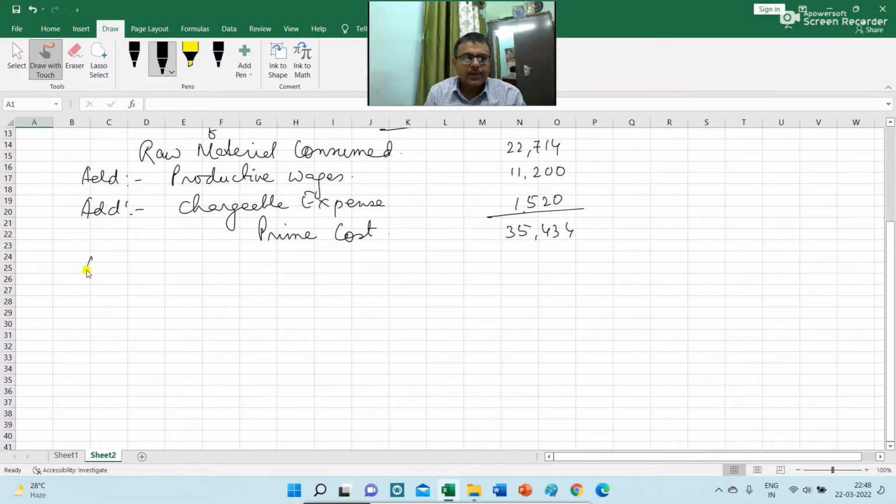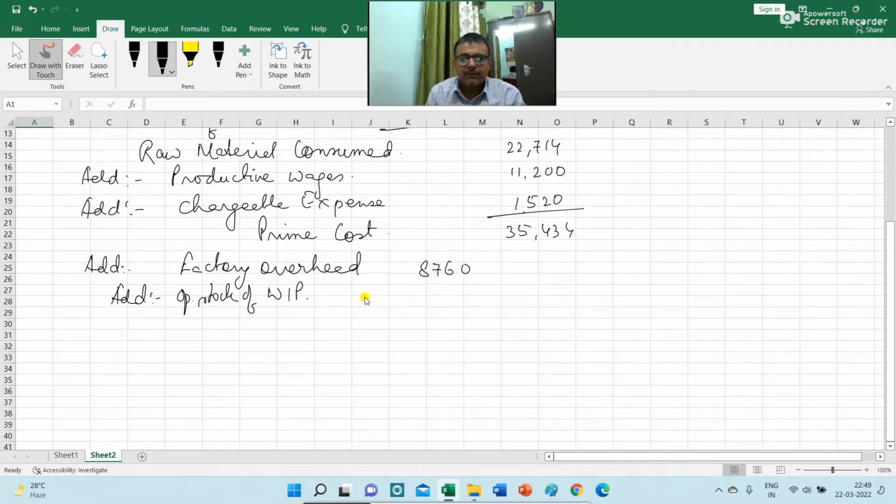Now after prime cost, we calculate the amount of factory overhead, which is given as 8,760. With this factory overhead, we have to adjust the opening and the closing stock of WIP. The opening stock of WIP is given as 660. From this opening stock, I am reducing the closing stock of WIP, 720.